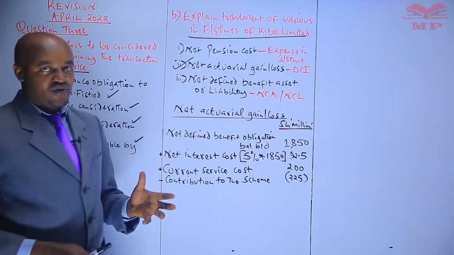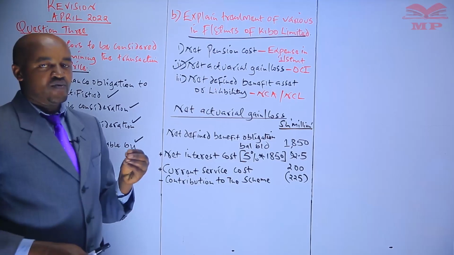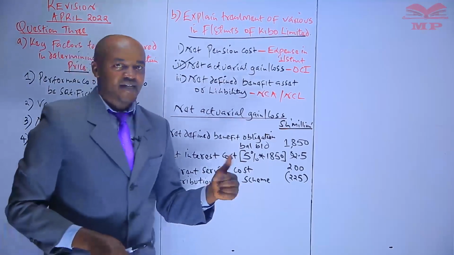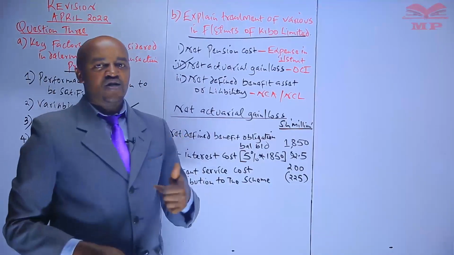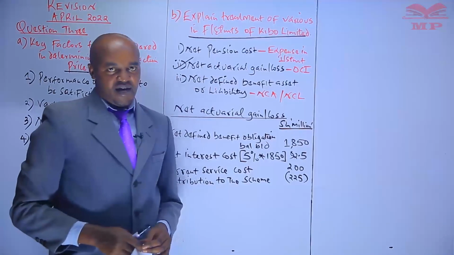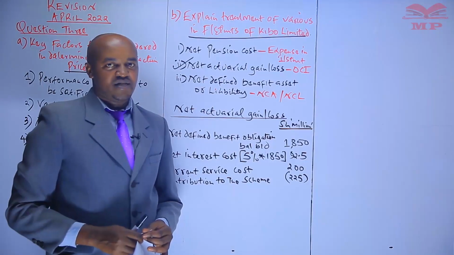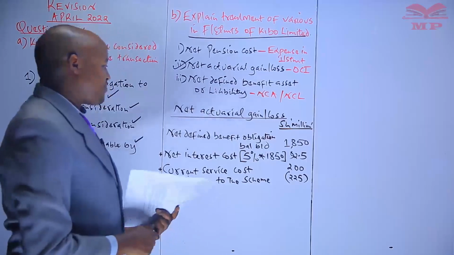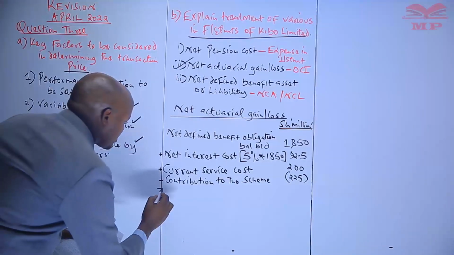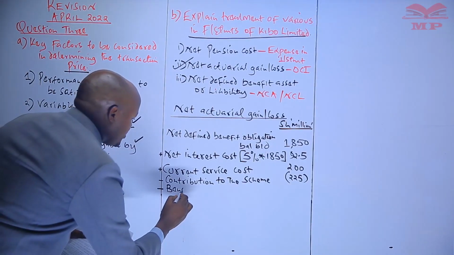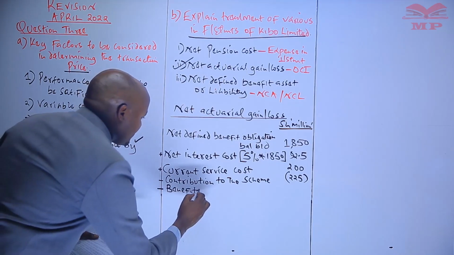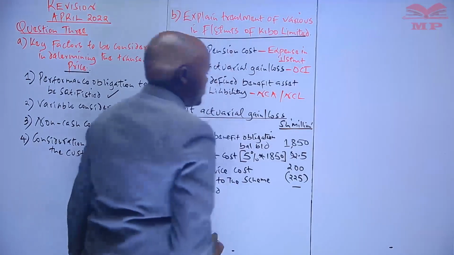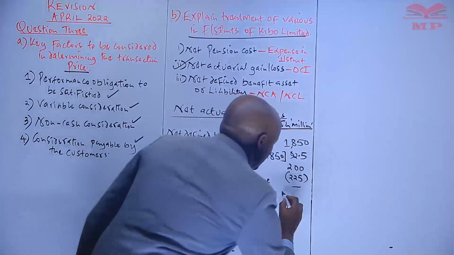But if we were to use the other approach, whereby we compute the actuarial gain or loss in respect of the plan asset separately, and the actuarial gain or loss in respect of the plan obligation separately, remember we have to deduct the benefit paid. But when using this particular approach, as I've said, we don't less those benefits paid.